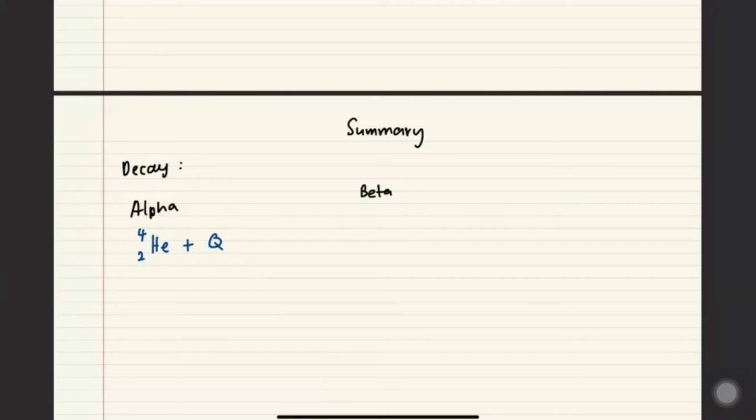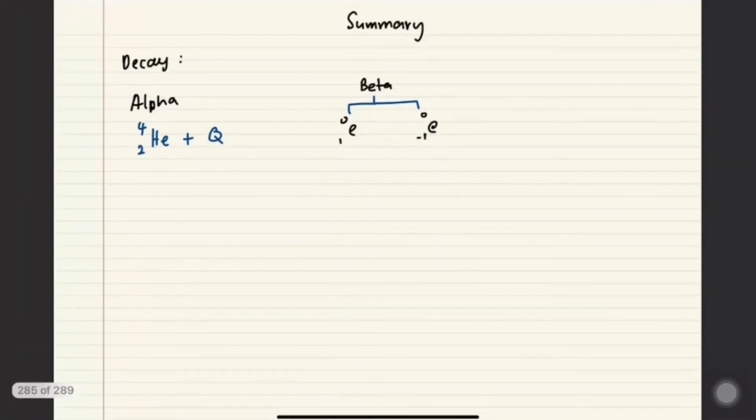For beta, it is divided into 2. You have beta plus and beta minus. For beta plus, you have a byproduct plus V plus Q, so it's extra. For the negative one, it's just plus Q. Remember that one, that is the neutrino.